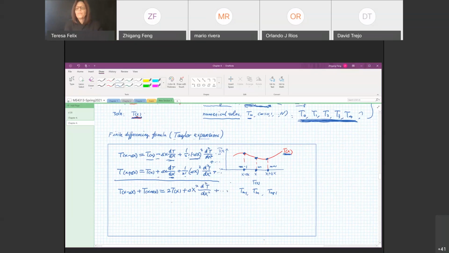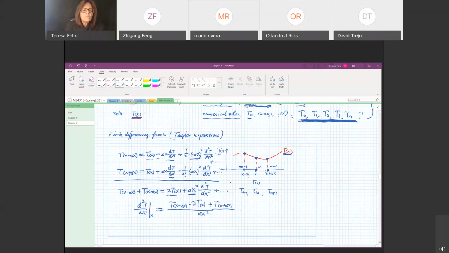So now rearranging the equation, we have the second order derivative at x equal to T at x minus Δx plus T at x plus Δx minus 2T at x, divided by Δx squared. Okay?